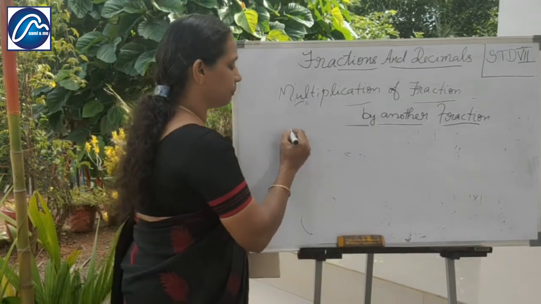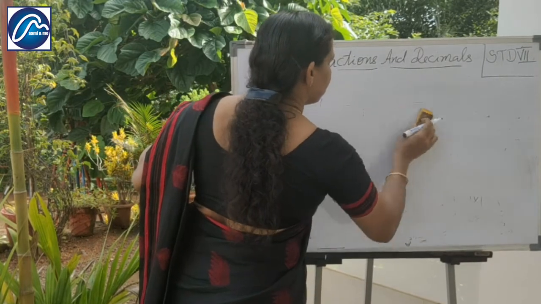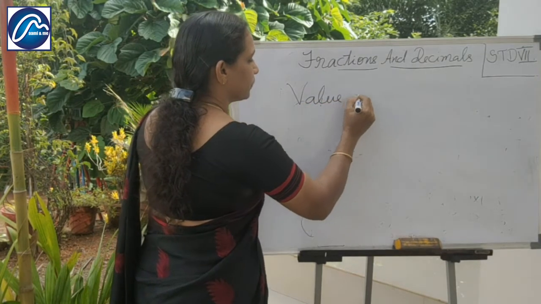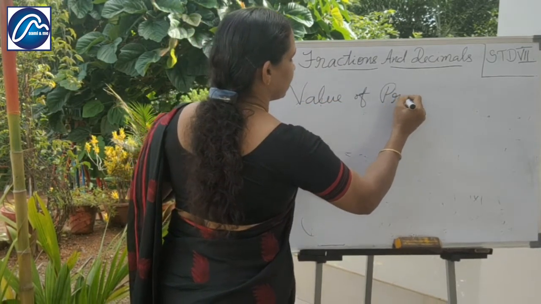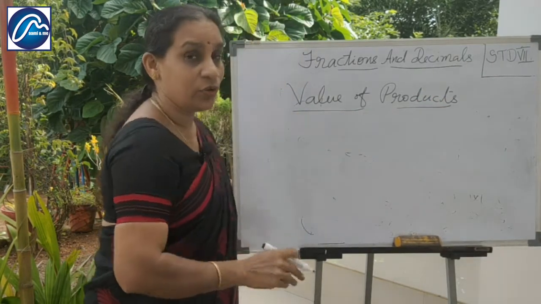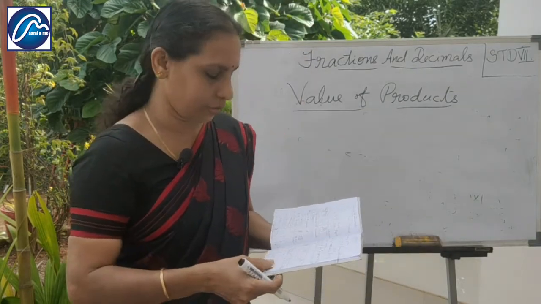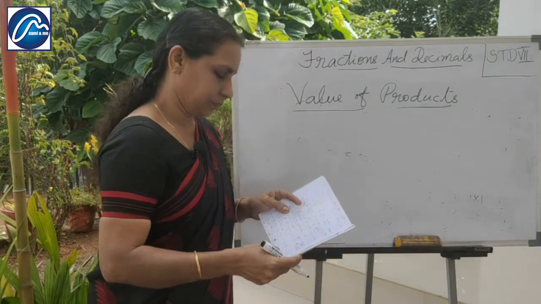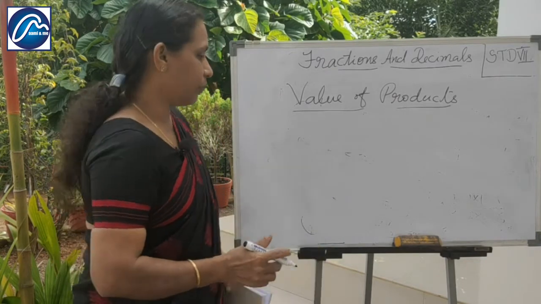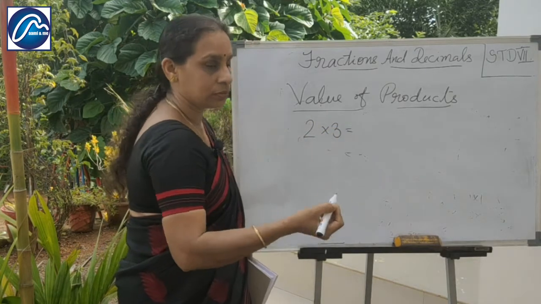Value of products, that is, let us see how the value of the answer we get from products is. Look at the example: 2 into 3 is equal to 6.